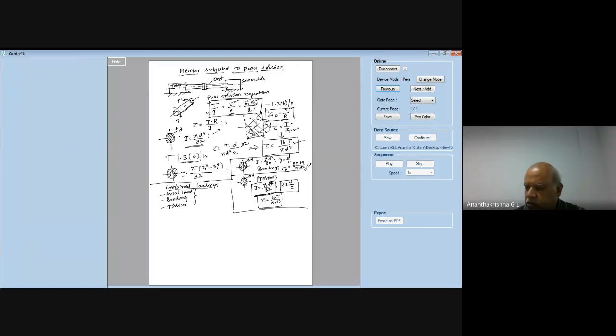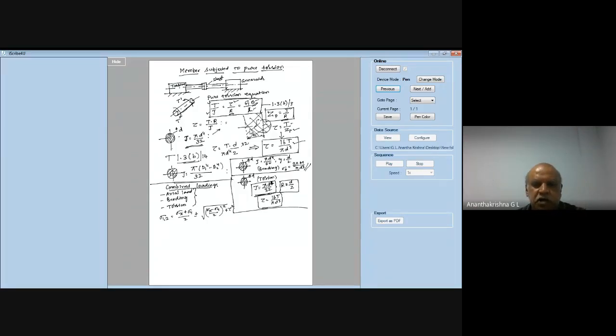Now, most components in practice are subjected to combined loading. For the combined loading case, the principal stress that we have learned so far is sigma x plus sigma y by 2 plus or minus root of sigma x minus sigma y by 2 whole square plus tau square.